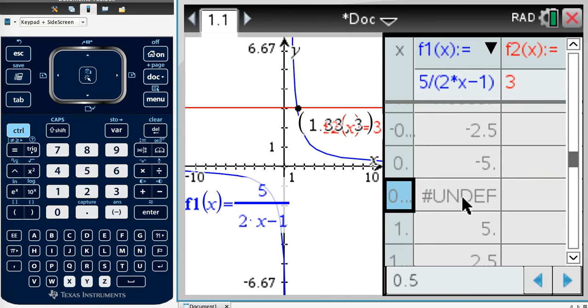And whenever the graph is undefined, that's an indication that there's an asymptote in that position. Therefore, for x is less than 0.5, we are again going to have a situation where the blue curve is below the red curve. 5 over 2x minus 1 is less than 3. So that's the other part of our inequality. X is less than 0.5 or x is greater than 1.33.